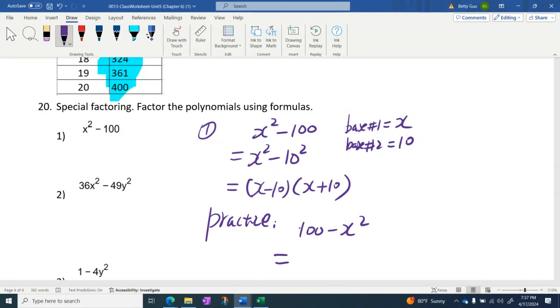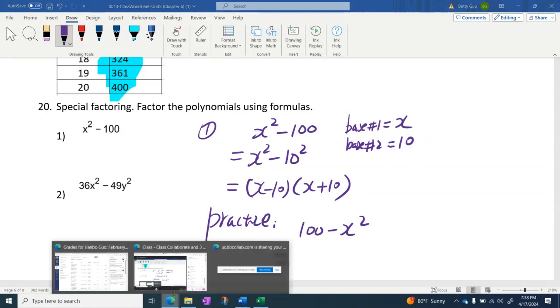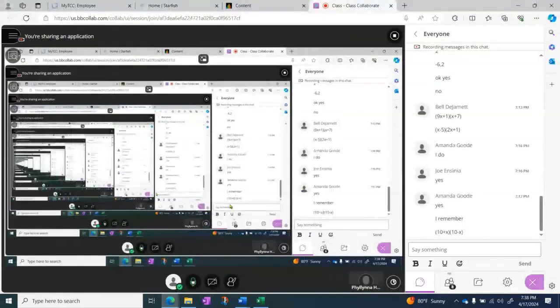Please share your answer when you have one. 100 minus x squared. Ten minus x times 10 plus x.